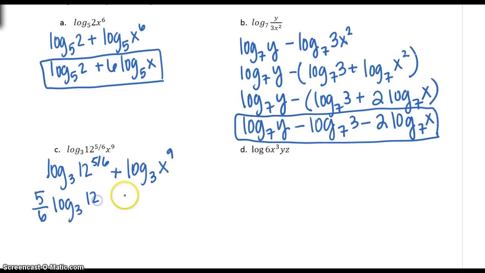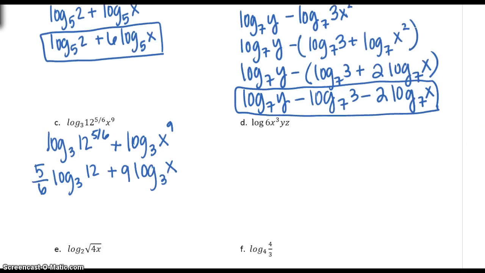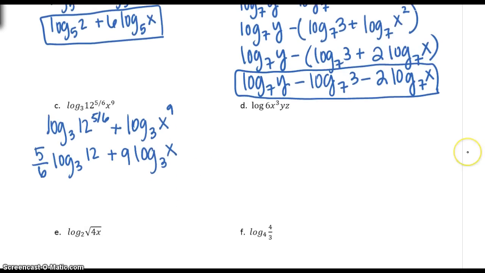Okay, we have our 12 here, plus 9 log base 3 of x. Now, you might think, ooh, I am all done, but you are not all done, because that 12 right there busts up. It can bust up into 3 times 4, right? So, 5/6 log base 3 of 3 times 4, plus 9 log base 3 of x.